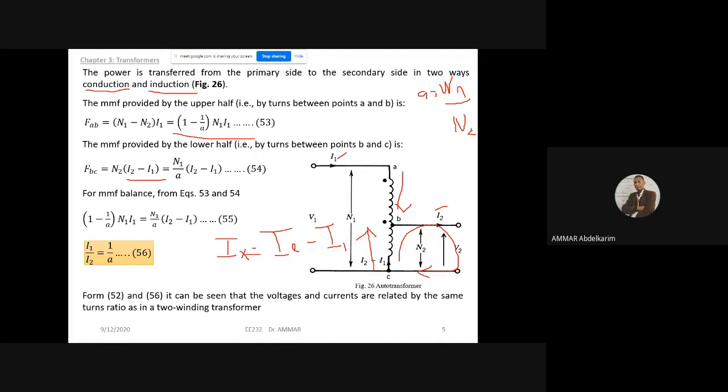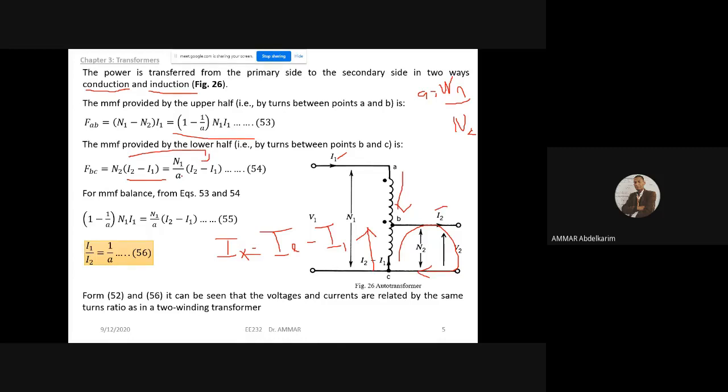So the MMF between the points B and C equals the number of turns of this coil times the current flowing in this coil, which is I2 minus I1. Okay, let's see how we get this expression.